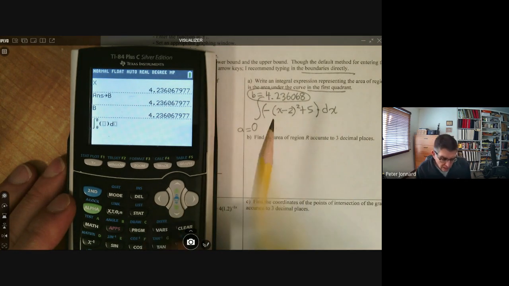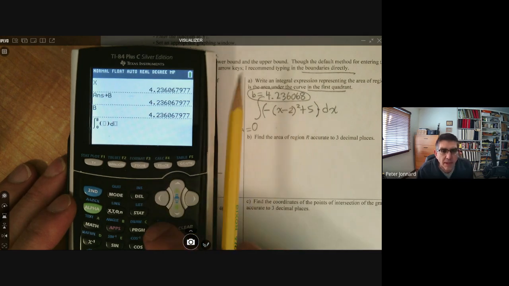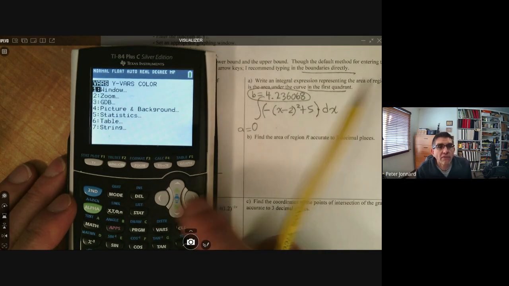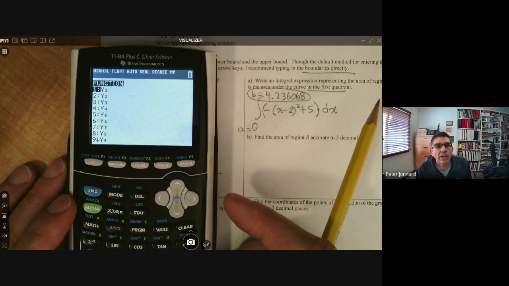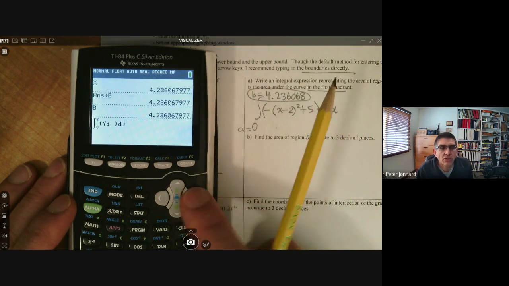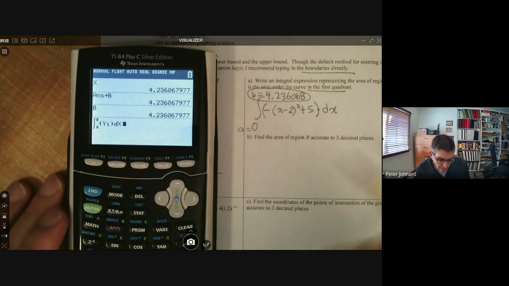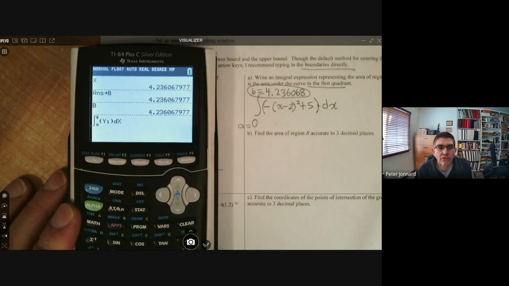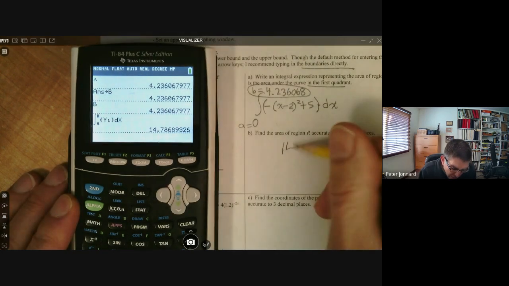Okay, and then vars, to get y1 in there, I don't want to retype it. I'm going to go to the vars menu, and I want Y-vars, and I want function, and I want y1. And so it knows to substitute in y1 for you. I'm going to integrate with respect to x. Okay, and there I have it. I find the area of region R accurate to 3 decimal places.